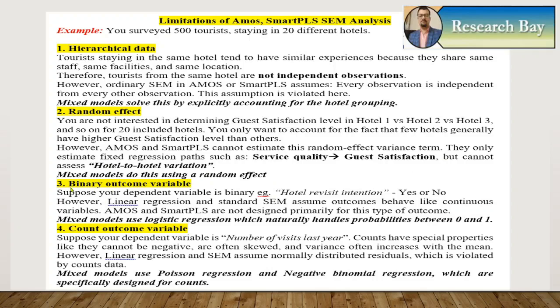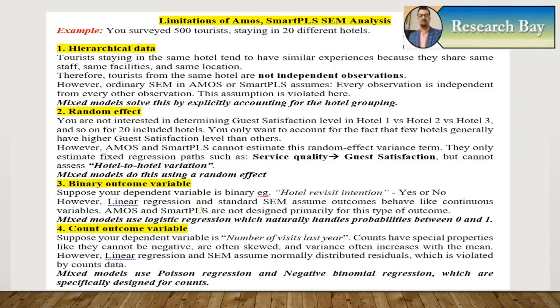Third reason, or the limitation, is binary outcome variable. Suppose the dependent variable is binary in nature. You are asking the respondent whether they would like to revisit the hotel and give two responses to mark on, yes or no. This is a binary outcome variable.